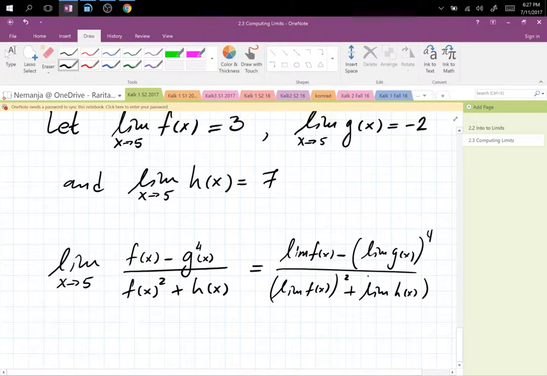And you just replace the values. So you have 3 minus negative 2 to the fourth, divided by 3 squared, plus 7, which is clearly negative 13 over 11.